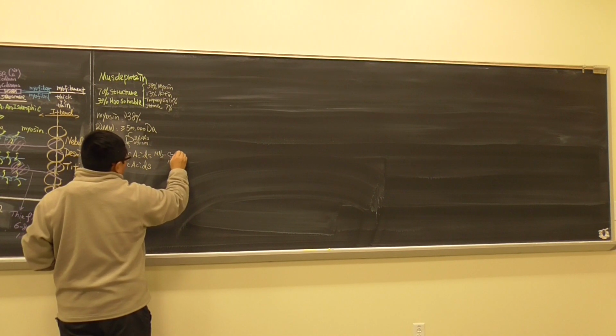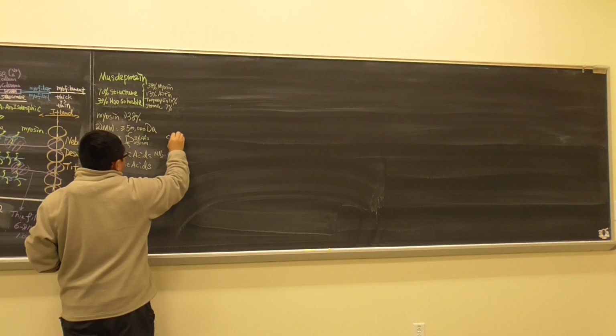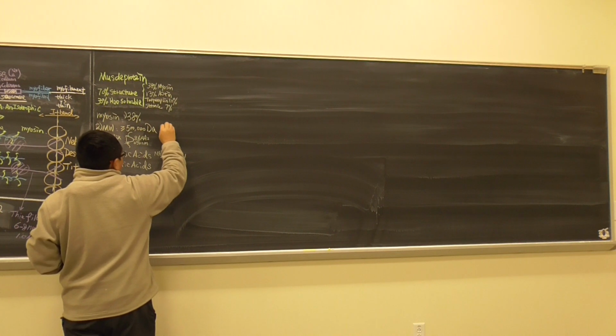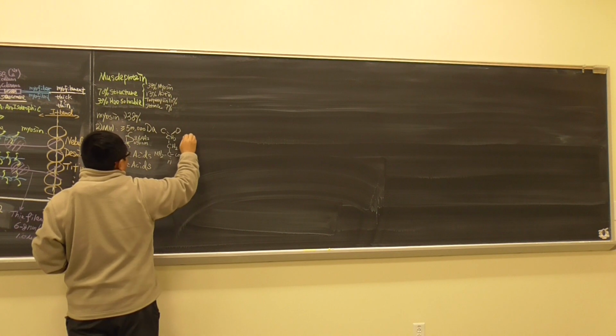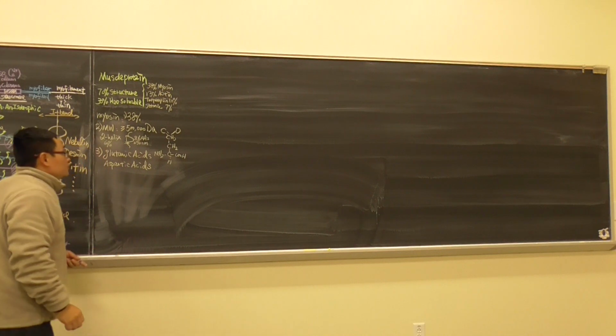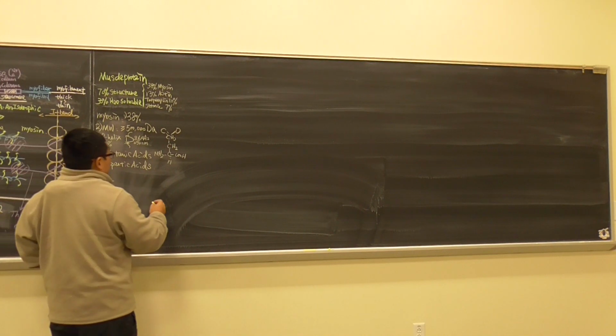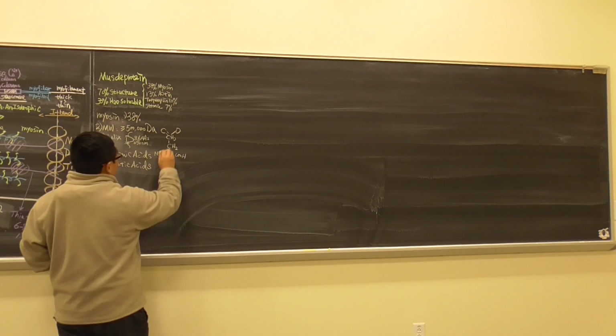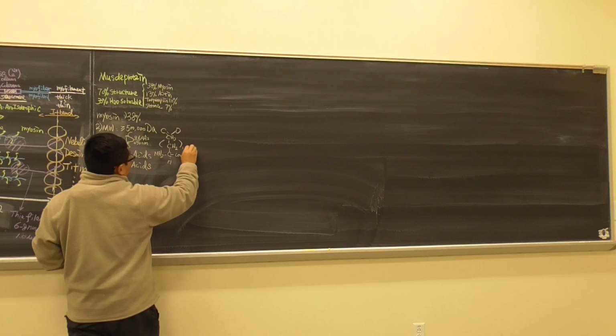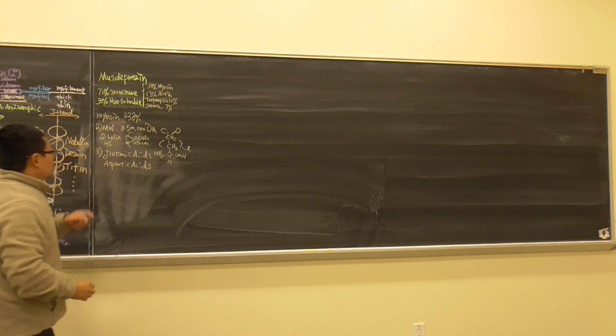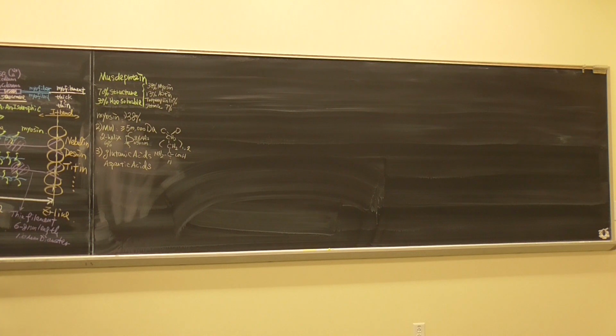If we mention this a couple of times, the basic structure, we go CH2, CH2. All right, that's glutamic acid. If we go aspartic acid, this will be one. Okay? So that's glutamic acid and aspartic acid.